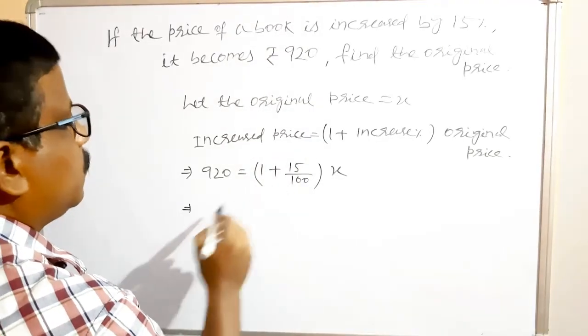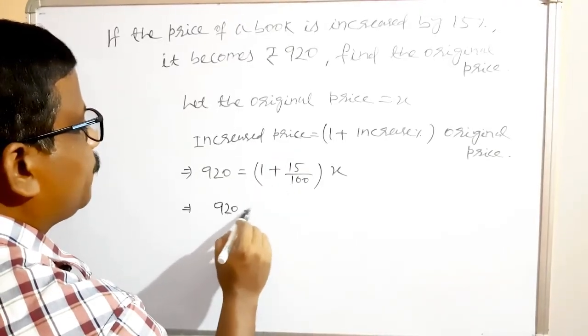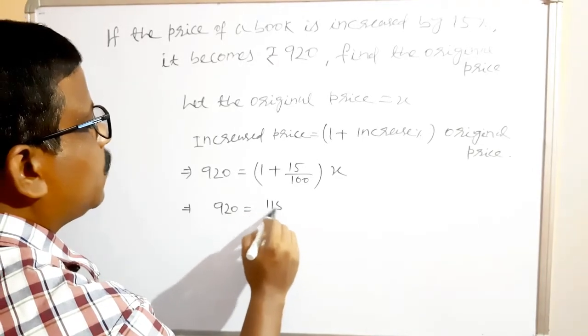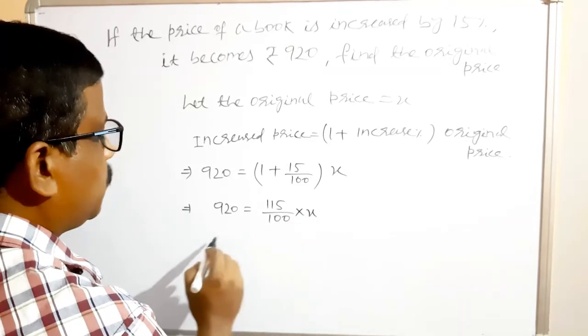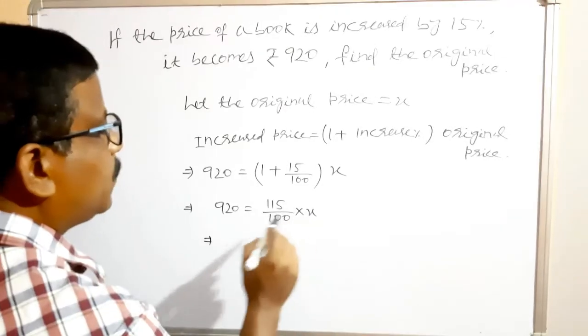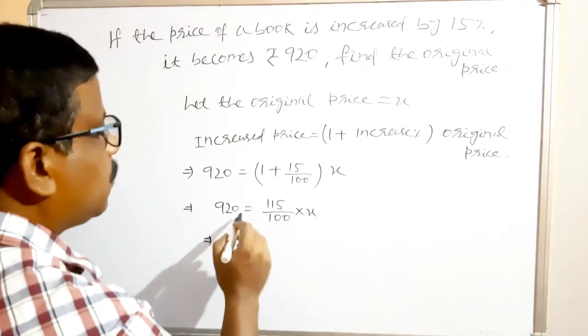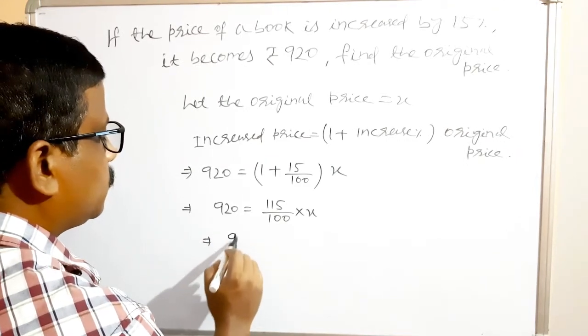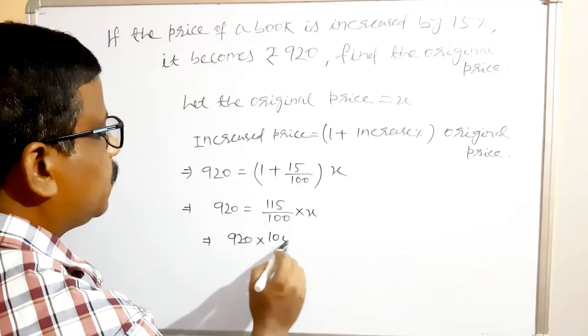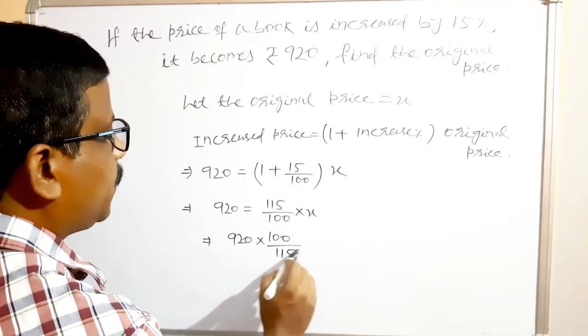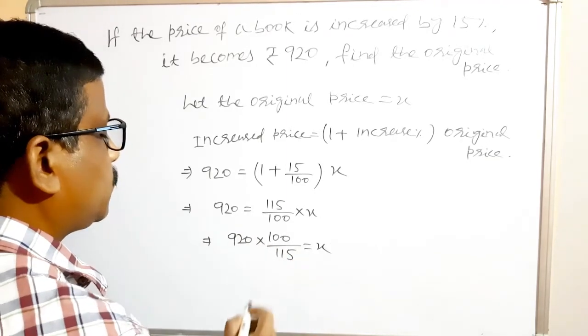So 920 is equal to, if you add, 115 by 100 into x. So x we will keep this side. This fraction will come here and divide. So 920, if you multiply, it will reciprocate, 100 by 115 is equal to x.